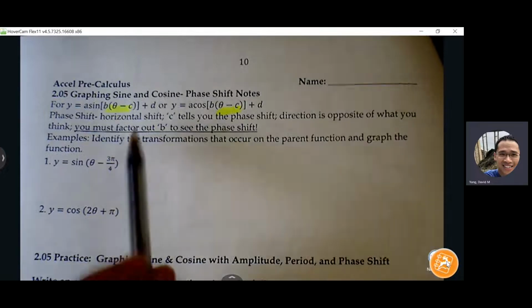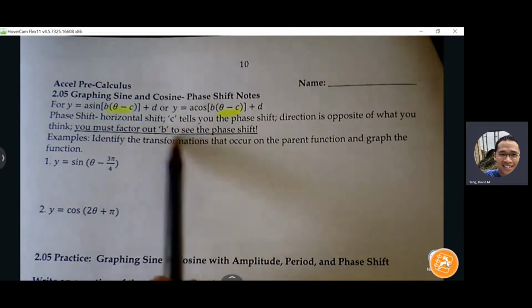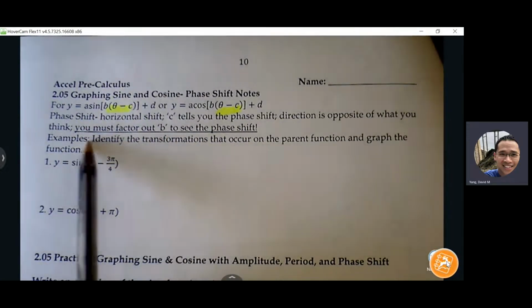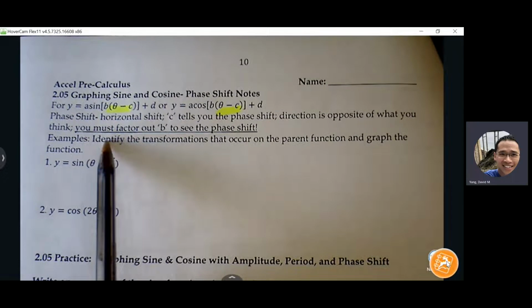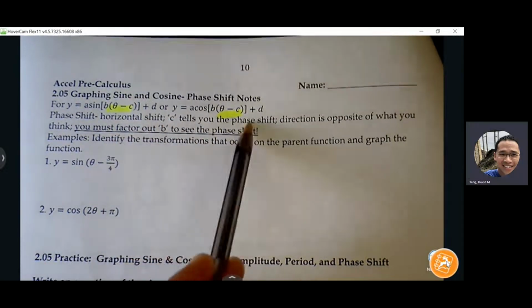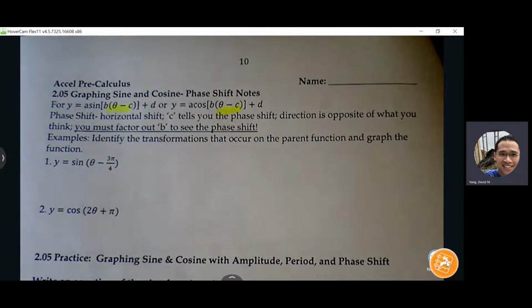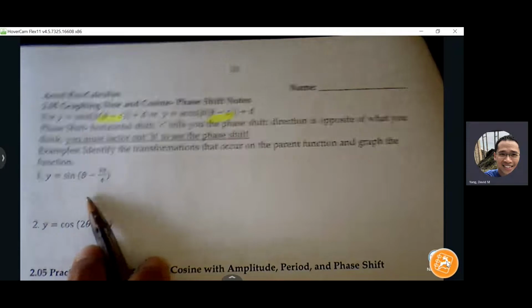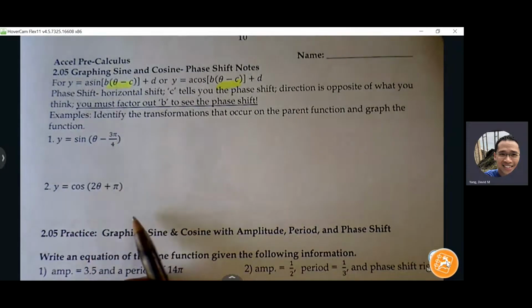But I find this is the part that's most troublesome for us, but we'll get to that. Now phase shift, the reason why it's opposite of what you think is because, and we'll talk about that.